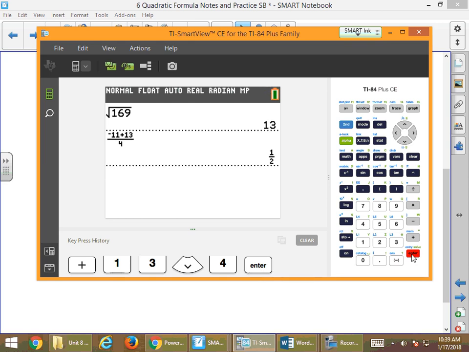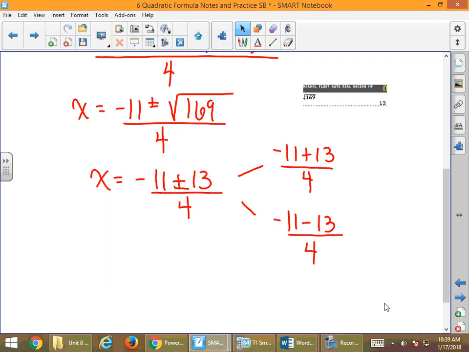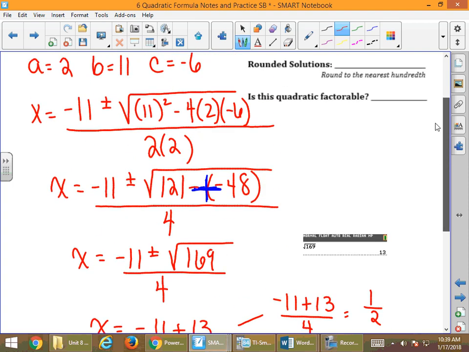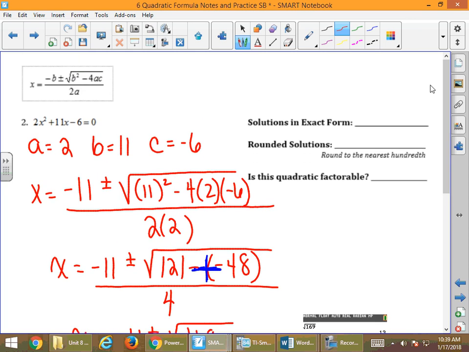If we do without the fraction button, -11 minus 13, close the parentheses, divided by 4, we get -6. So when we go back and fill in our values here, this was the 1/2, this was the -6, our exact value is 1/2 and -6.